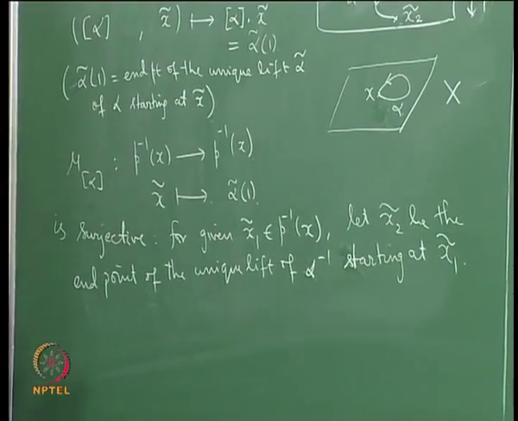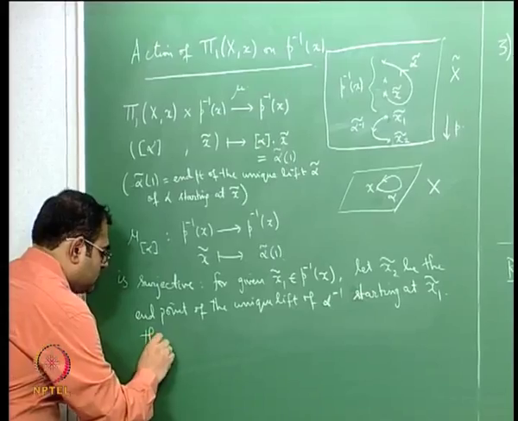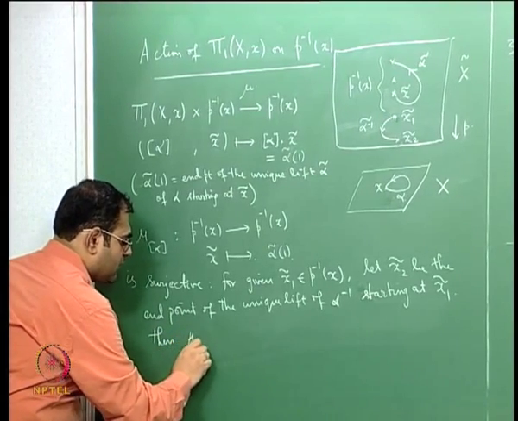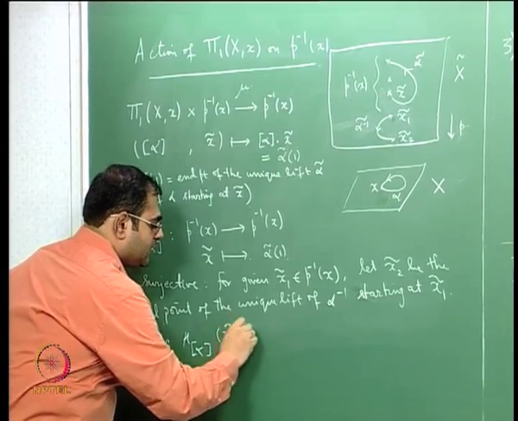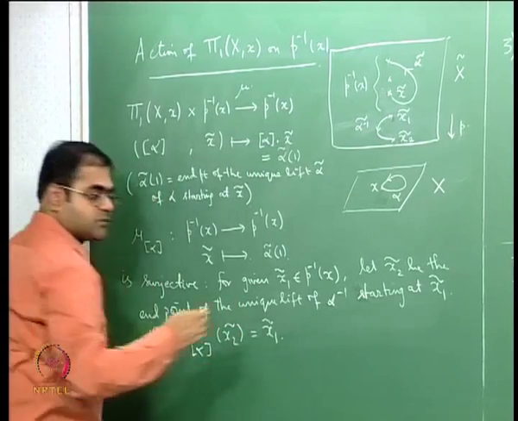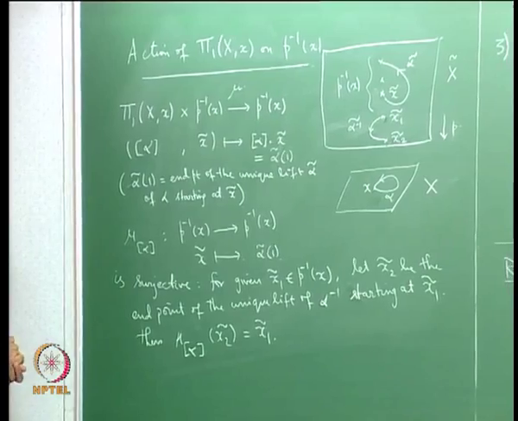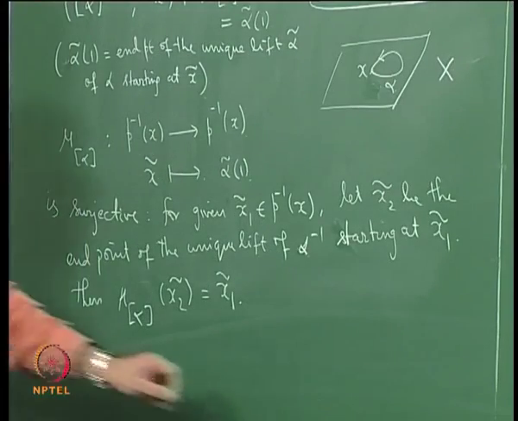Then mu sub alpha of x2 tilde turns out to be x1 tilde. So this gives you the surjectivity. Then I will tell you about the injectivity.